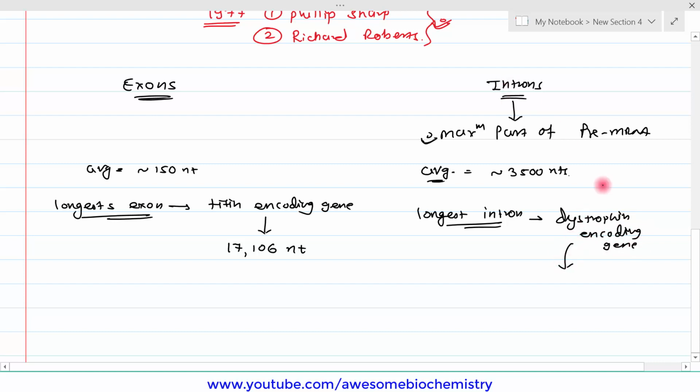In this dystrophin encoding gene, many introns are found, but one of the introns is the longest and its length is 8 lakh nucleotides. 8 lakh nucleotides. You can easily compare. See, the longest intron is 8 lakh nucleotides long, whereas the longest exon is only 17,106 nucleotides long. And the average length of an exon is only 150 nucleotides, whereas the average length of an intron is 3,500 nucleotides.